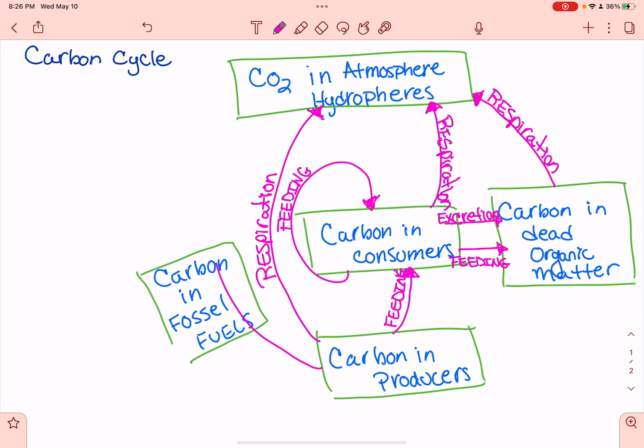Clear-cutting forests would be an example of that. Then we have the carbon found in our fossil fuel can be combusted and burned for energy.